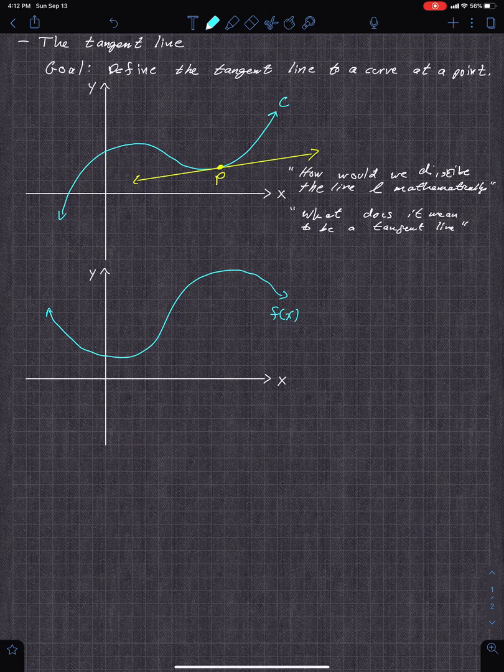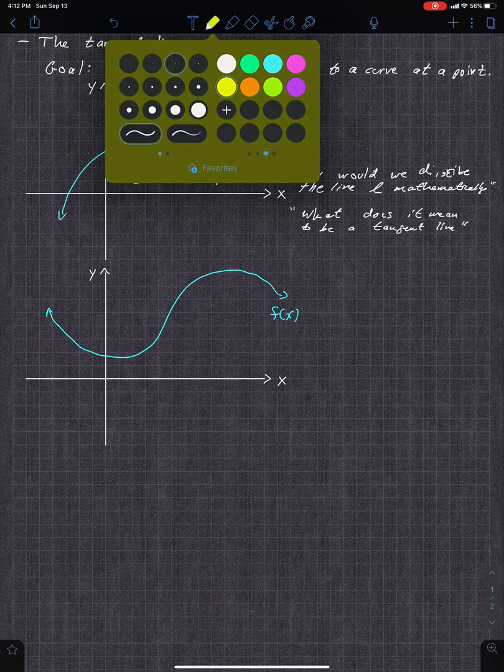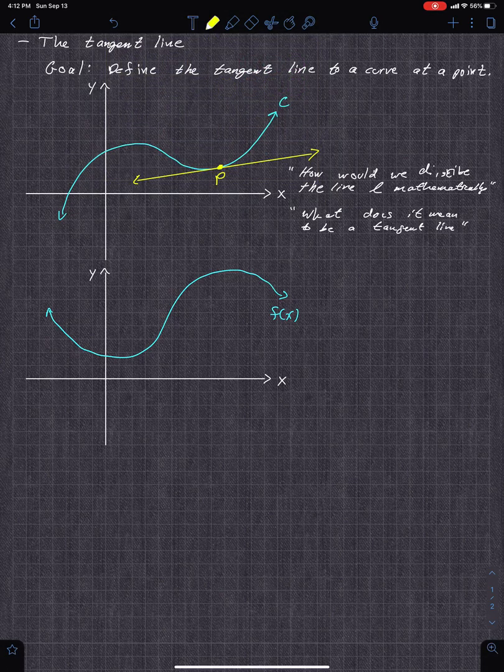What we want to look at then is this idea. If you have a point, say P here, then we can look at another point on the curve up here, Q. We already did this once a while ago.